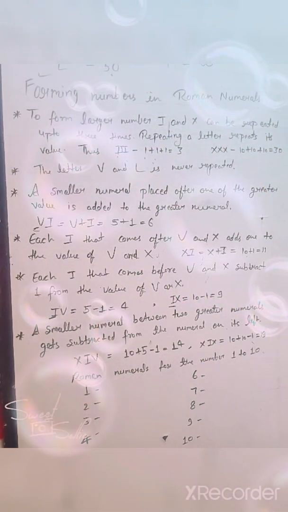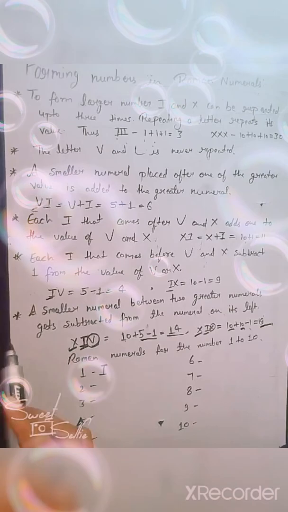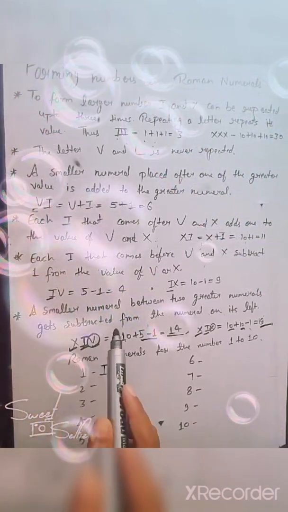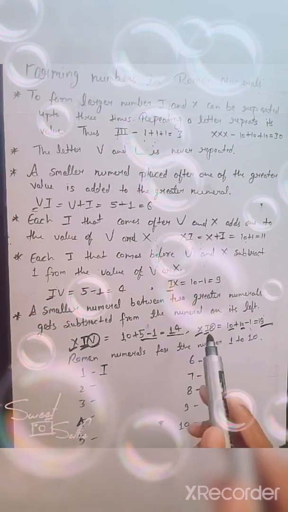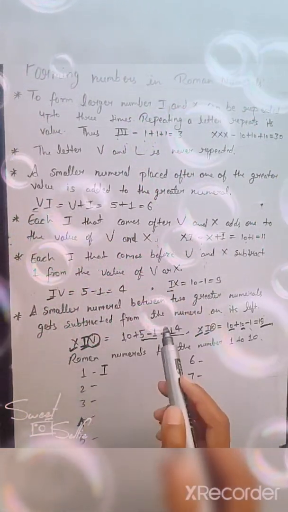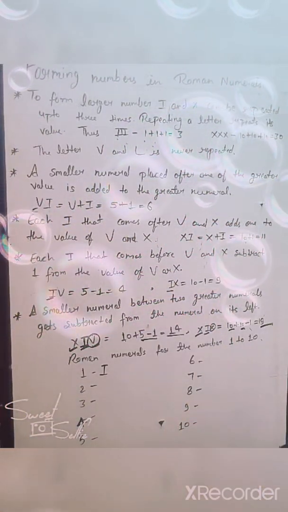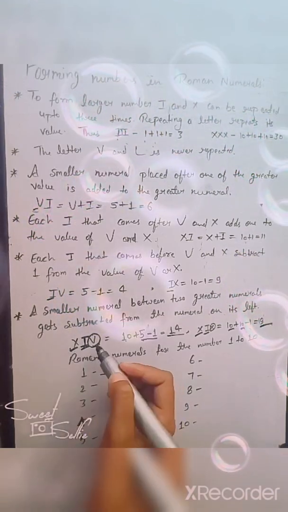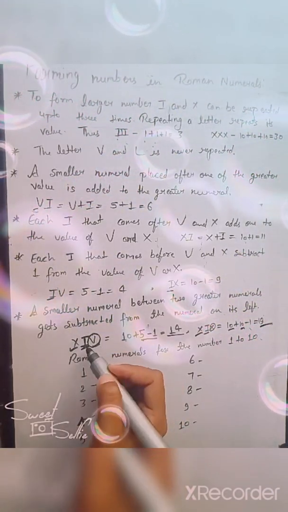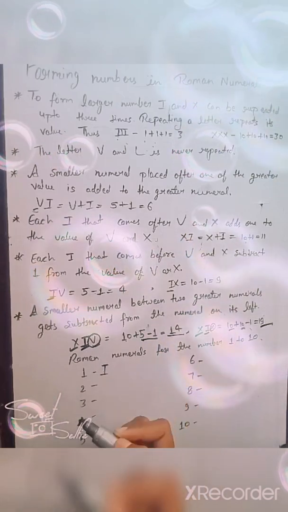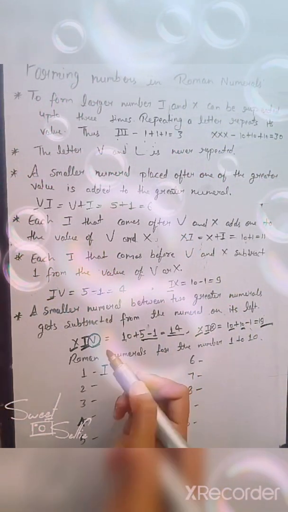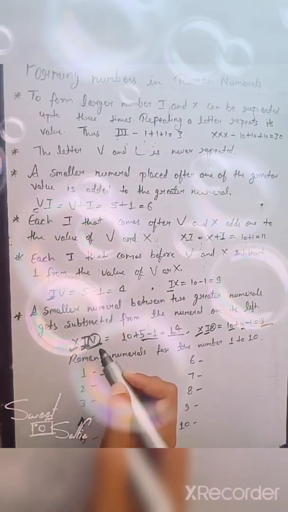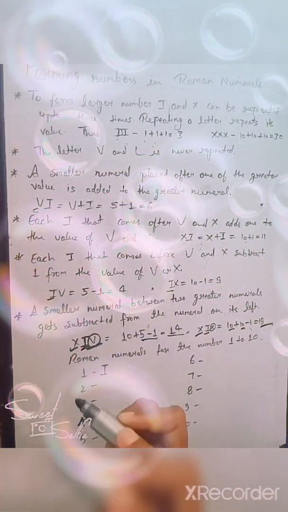Okay. Next is a smaller numeral between two greater numerals gets subtracted from the numeral on its left. Means कि अगर दो ग्रेटर न्यूमरल के बीच में एक स्मॉलर न्यूमरल है तो हम उसको उसके लेफ़्ट में जो न्यूमरल रहेगा उससे सब्ट्रैक्ट करते हैं.